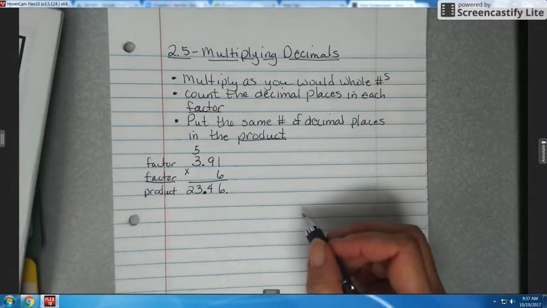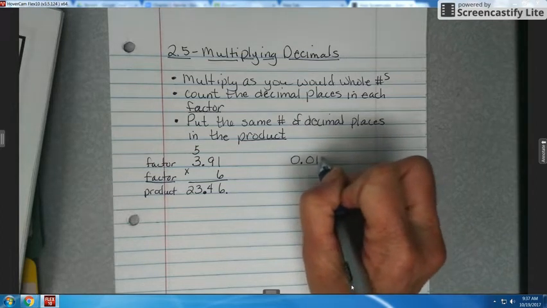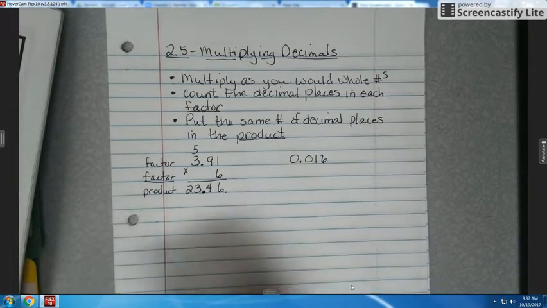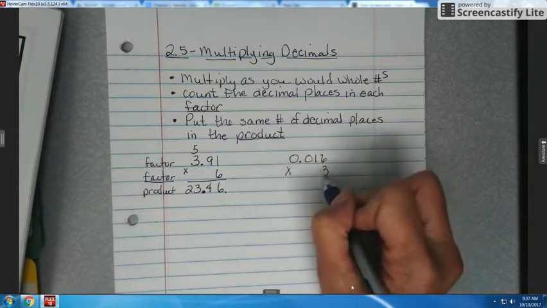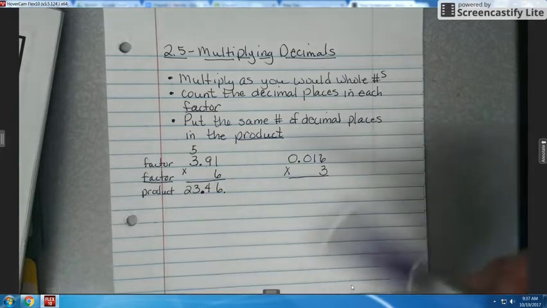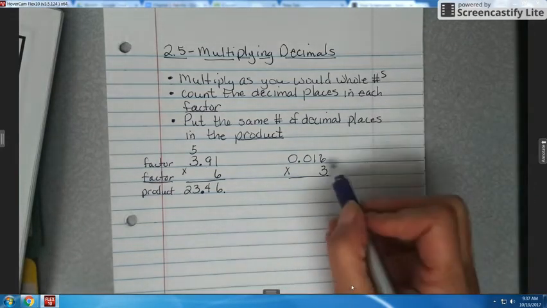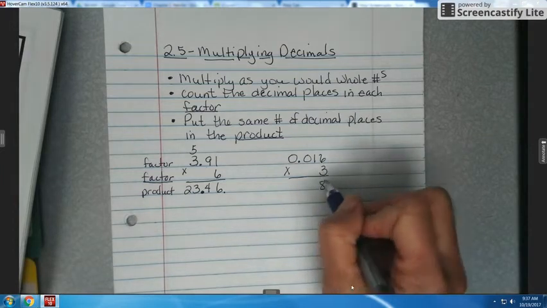Okay, my next problem is 0 and 16 thousandths times 3. So this is 16 thousandths times 3. 6 times 3 is 18.